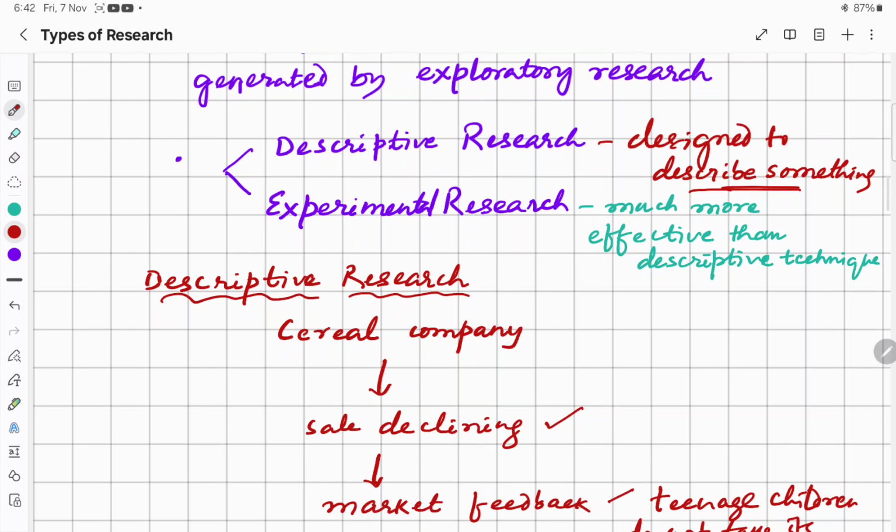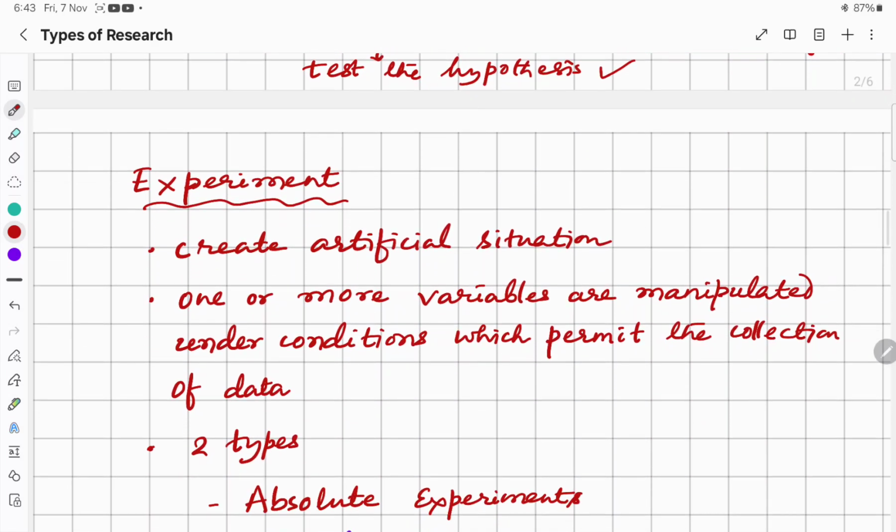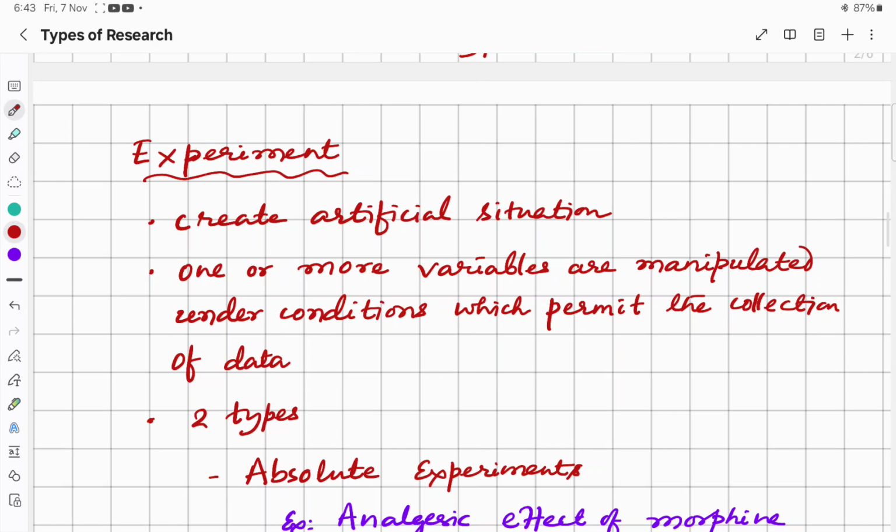Second is experimental research, and experimental research is much more effective than the descriptive technique. Why? Let us find out. So experiment. What is experiment? Experimentation refers to the process of research in which one or more variables are manipulated under conditions which permit the collection of data which show the effects.